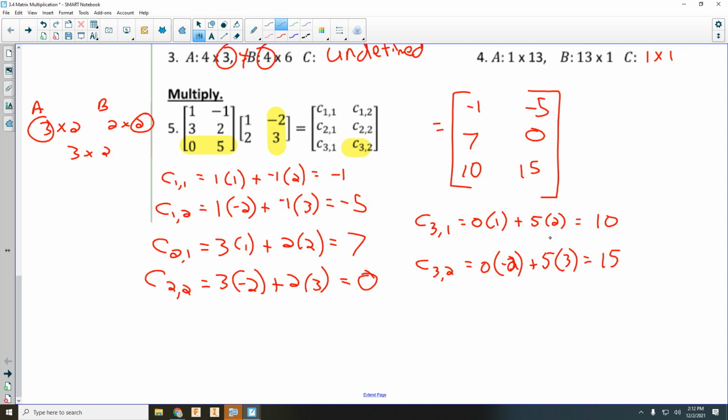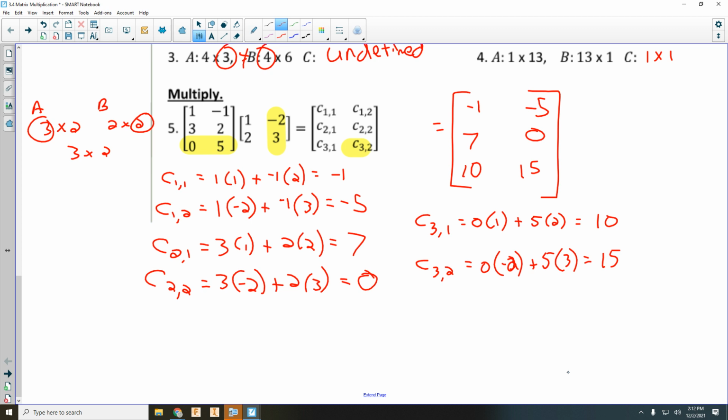Okay. Not too bad, a lot of little steps. You have to know how to do it because, again, if you look on the back side, we'll see we still have problems that have variables in them.